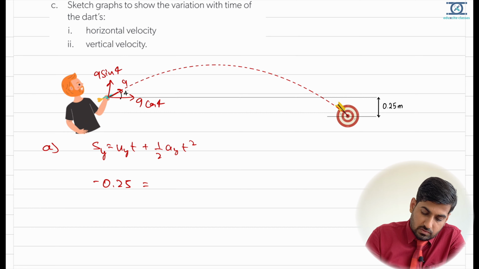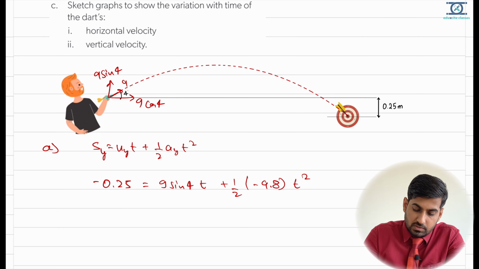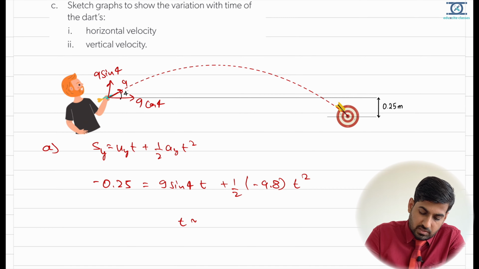So it will be 9 sine 4 times t plus half of minus 9.8 times t square. Now if you solve for this t, you will get the answer as 0.299, which is 0.3 second.